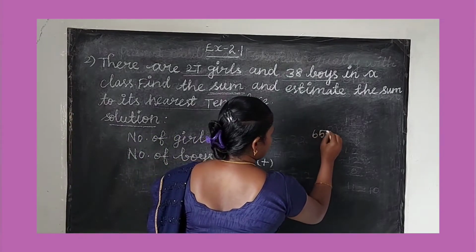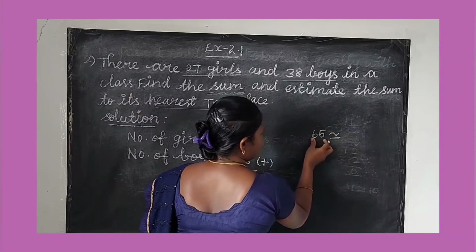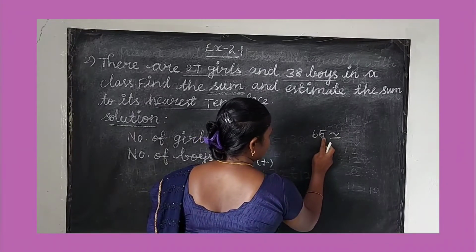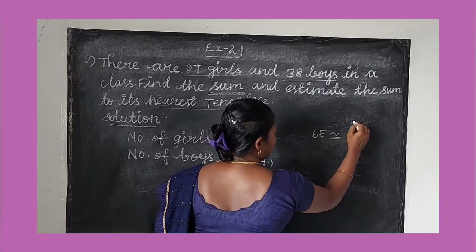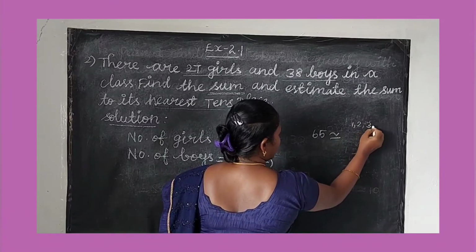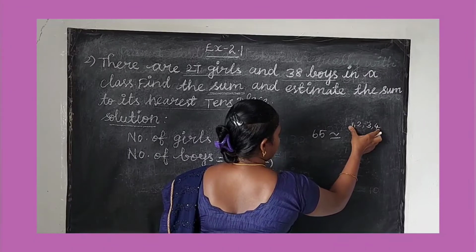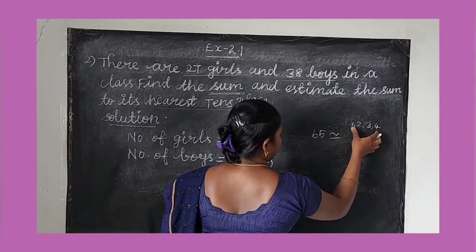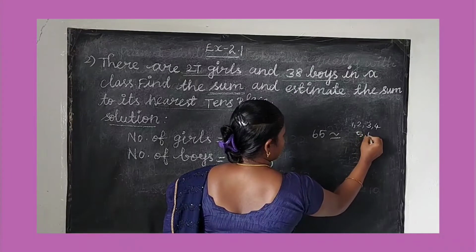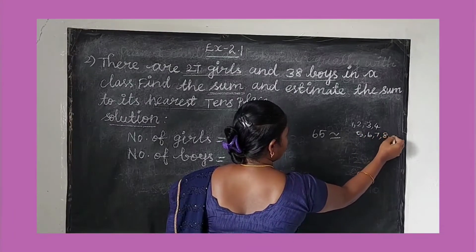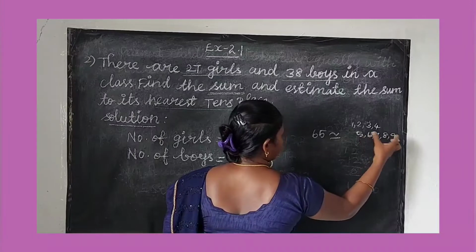So we find the estimated value. For the estimated value of 65, see the ones place value, which is 5. So 1, 2, 3, 4: that ending number means we write the before number as the estimated value. 5, 6, 7, 8, 9: ending number means second group.